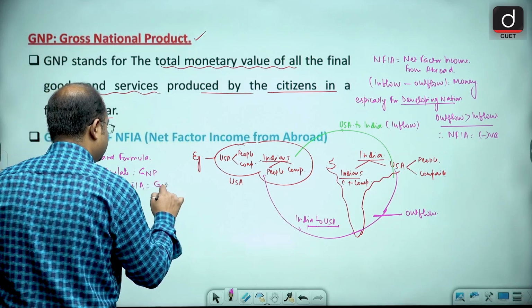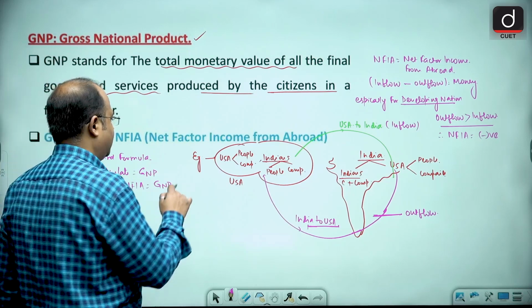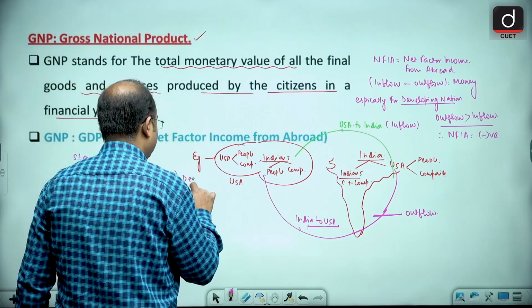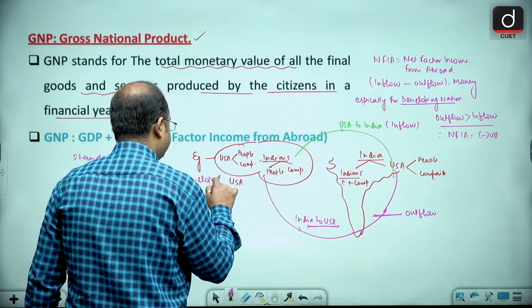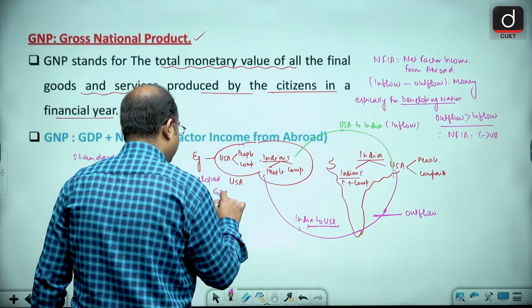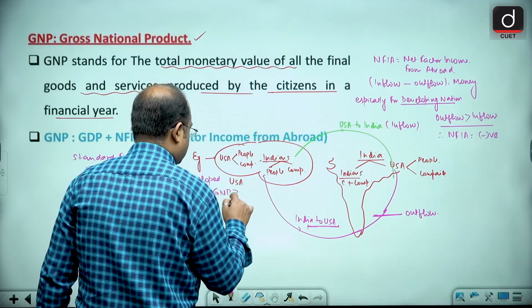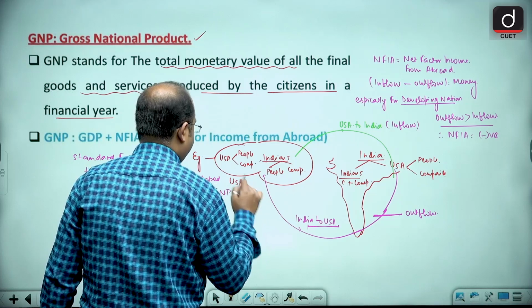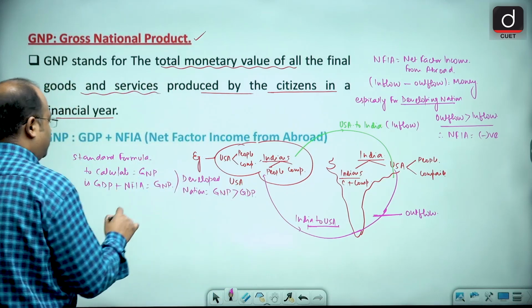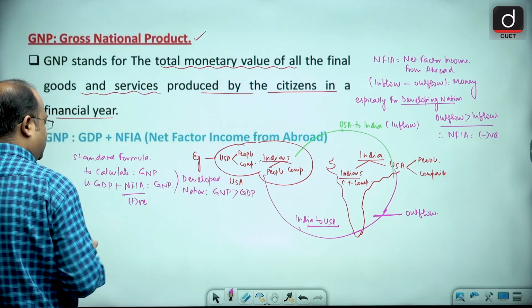That becomes GNP. Therefore, in developed nation, GNP is always greater than GDP, because NFIA is positive.